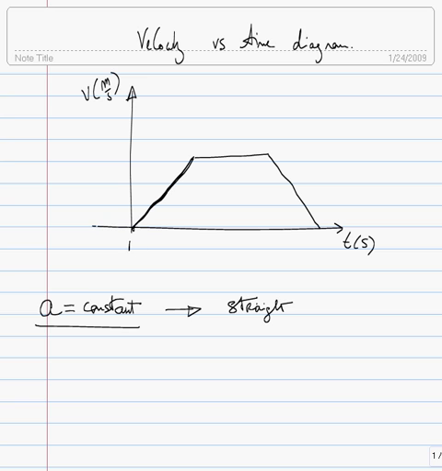So from point A to point B, we know that the slope of a velocity versus time diagram tells us something about the acceleration. In this particular case, the slope is positive, and it's the same for all points between A and B. Therefore, the acceleration is constant, and we can extract its particular magnitude by calculating the slope, which is yb minus ya divided by xb minus xa.